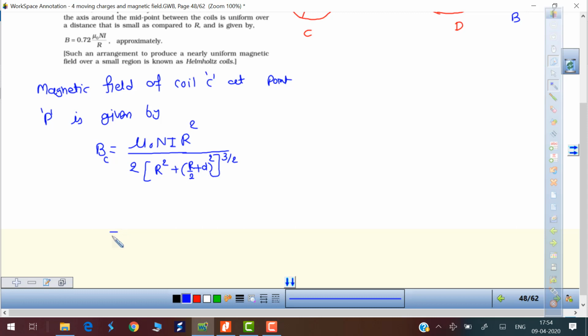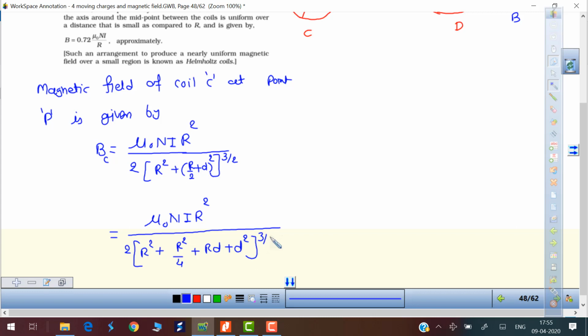So now we try to simplify this. Mu 0 n I r square upon 2. I break this bracket, so I am getting r square by 4 plus 2 times r by 2 times d, so it becomes rd, the 2 will cancel out, plus d square, and then the power 3 by 2.